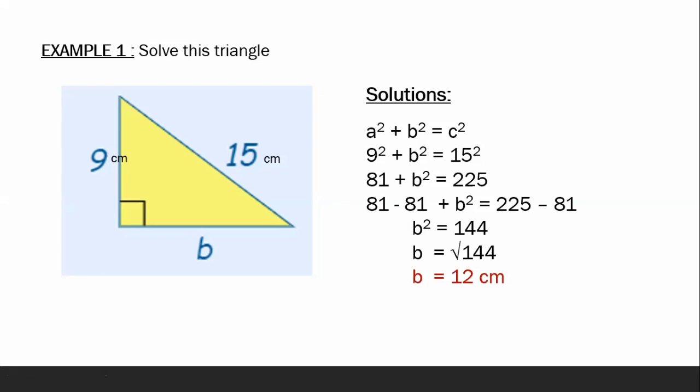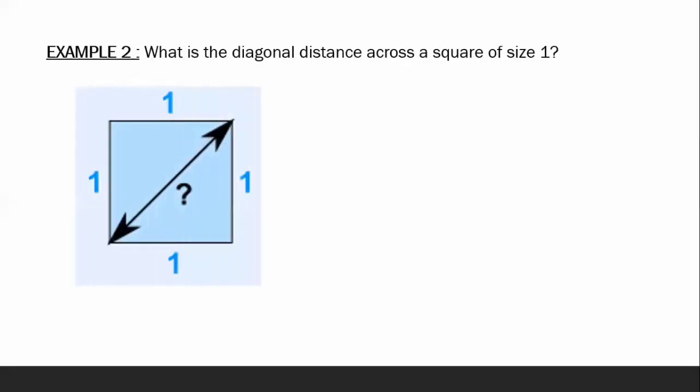Okay, so let's have another example, and I want you to try answering. What is the diagonal distance across a square of size 1? Try to look at the figure below and solve. By simply using the Pythagorean theorem, a squared plus b squared is equal to c squared. Try to solve.